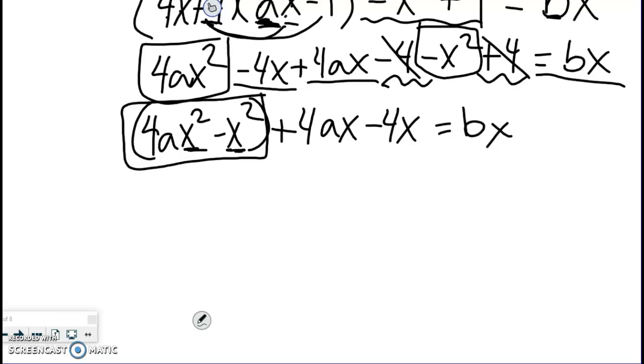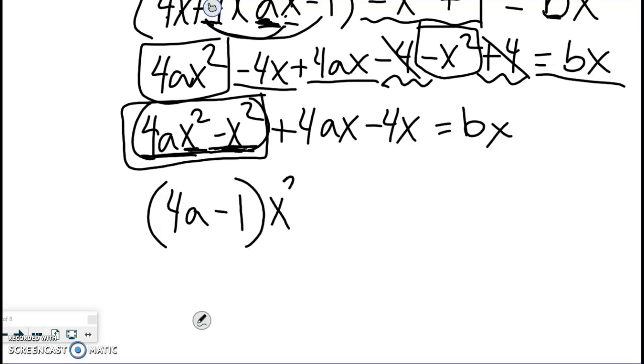If I factor out an x squared, or if I divide both of these individually by an x squared, what would be left? Well, if I took x squared out of 4ax squared, I would have 4a left. And if I took x squared, positive x squared, out of negative x squared, I'd be left with a negative 1 as a placeholder. Okay?